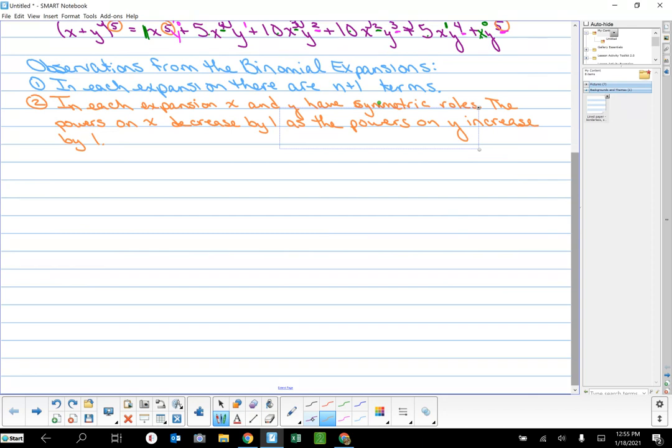Number 3. Let's see, what color do I want here next? Number 3, the sum of the powers in each term equals n.